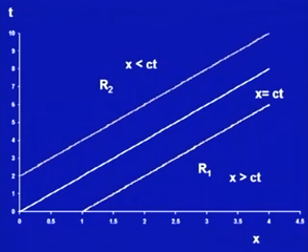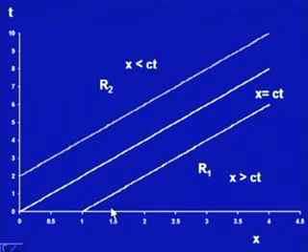You see, we have this line x is equal to c t, that is when the constant x naught is 0. This divides the whole plane into two parts, one I call region R 1, the other region R 2. In region R 1, x is greater than c t, or you could say x minus c t would be positive.